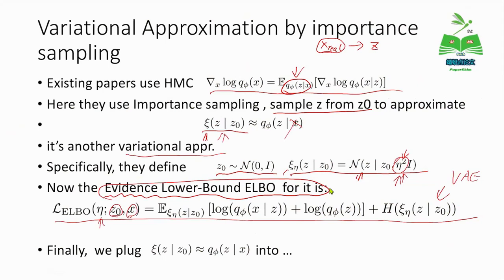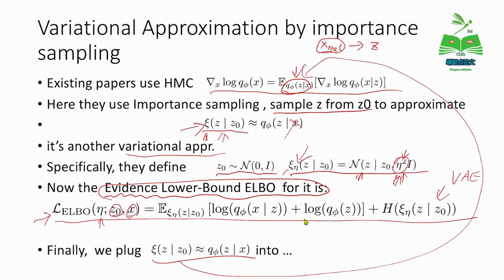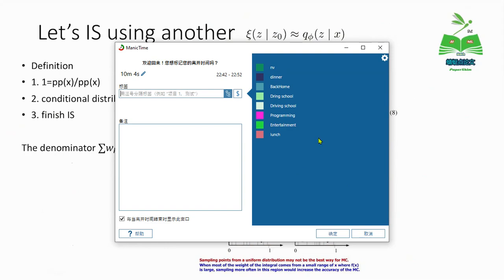After the optimization of the eta for the new variational approximated distribution, we'll plug it into the previous formula.